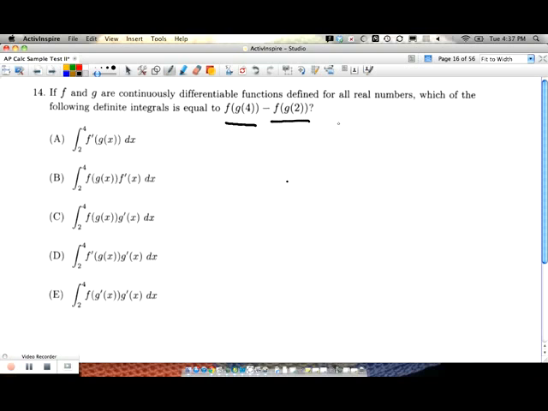That means that we have some integral of something equals f of g of x evaluated from 2 to 4. That's where this came from. So that means this right here is probably going to be 2 to 4. That doesn't really help me because all of those have that.